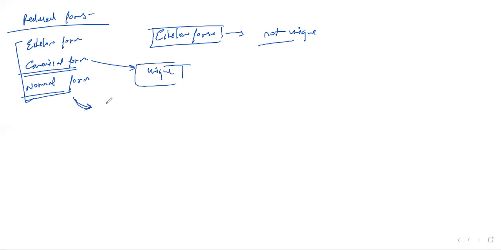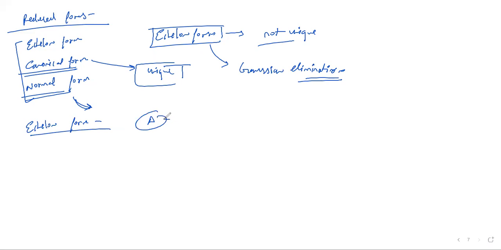Let's see the basics of the echelon form. What is echelon form? The echelon form is obtained by Gaussian elimination. A matrix A is said to be in its echelon form if it satisfies some properties.